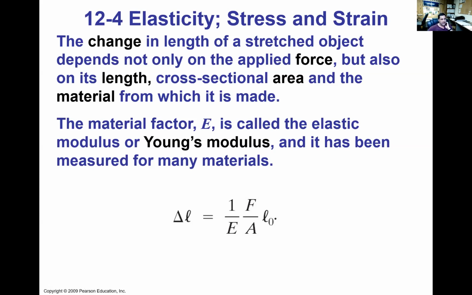Delta L is change in length, F is force applied, A is the cross-sectional area of whatever you're dealing with. L sub 0 or L naught is the original length, and then E is Young's modulus or the elastic modulus. It's also called a constant of proportionality.